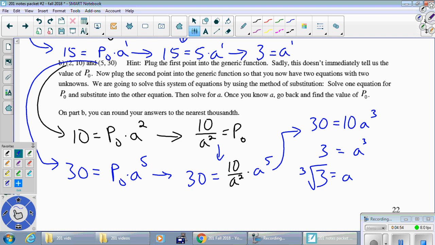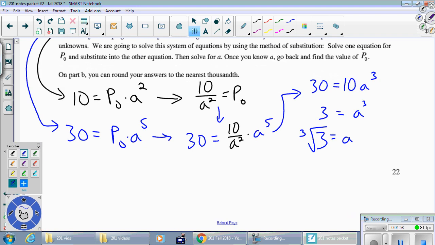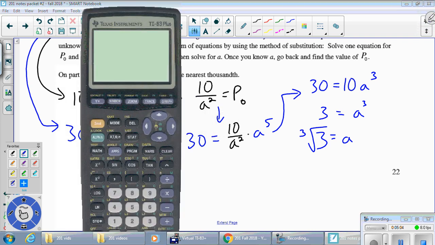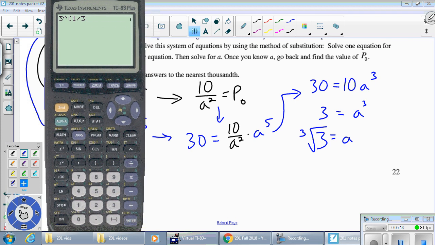It says we can round to the nearest thousandth, so we'll do that. Cube root of 3 on our calculator. Cube root, the easiest way to do that is to do 3 to the 1/3. But if you don't want to do that, you can say, okay, 3 for cube root, and then I think it's inside of math.